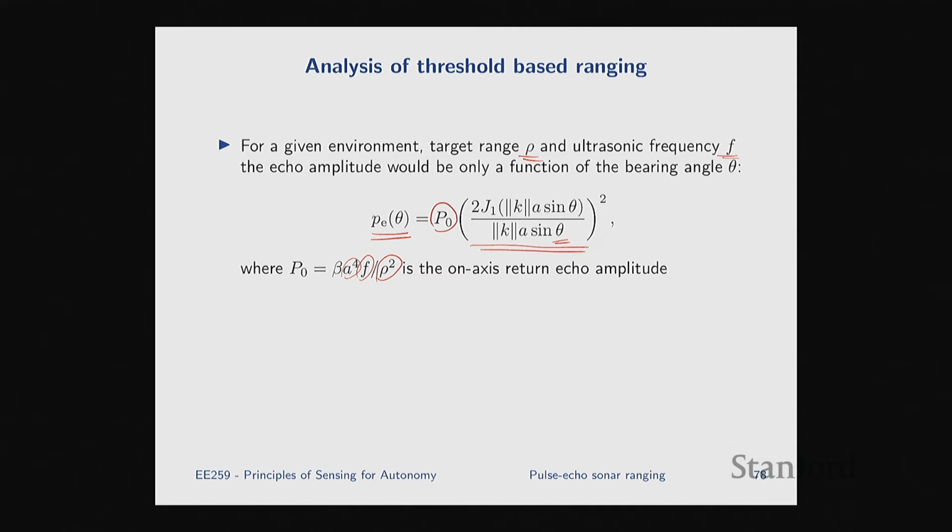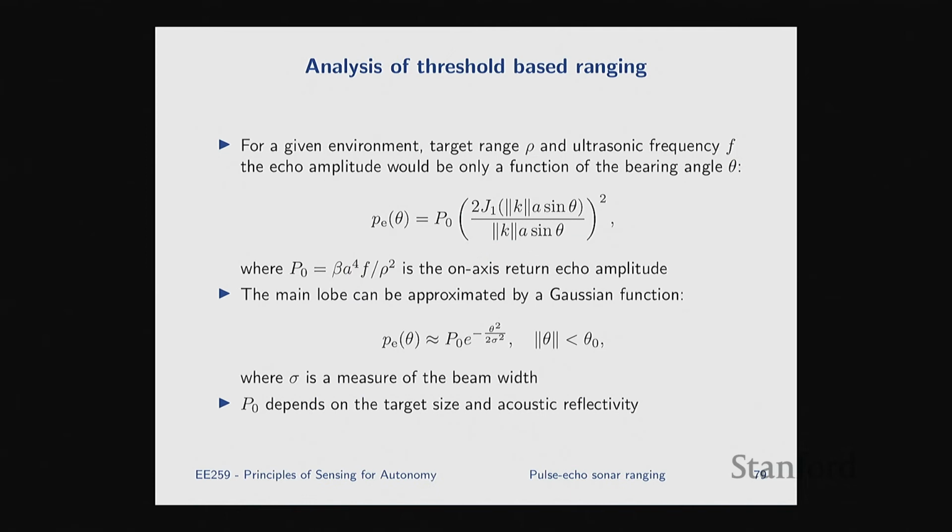So to get something that is easier to work with, it turns out that this Bessel function squared thingy, as a function of theta, has a main lobe, and then it has a bunch of smaller side lobes, right? And the main lobe, if this is theta equals 0, is between plus theta 0 and minus theta 0. Now, it turns out that the main lobe of this can be very well approximated by a Gaussian function.